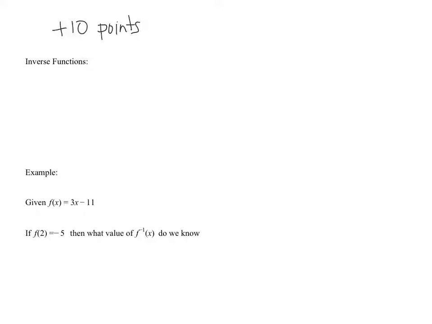So if I want to get back to where I started, I will subtract 10 points. If you had a 50 and I added 10 points, that gets you to a 60. But then if I take that 60 and subtract 10, you're back to the original 50. So the inverse function is going to be one that undoes the other.